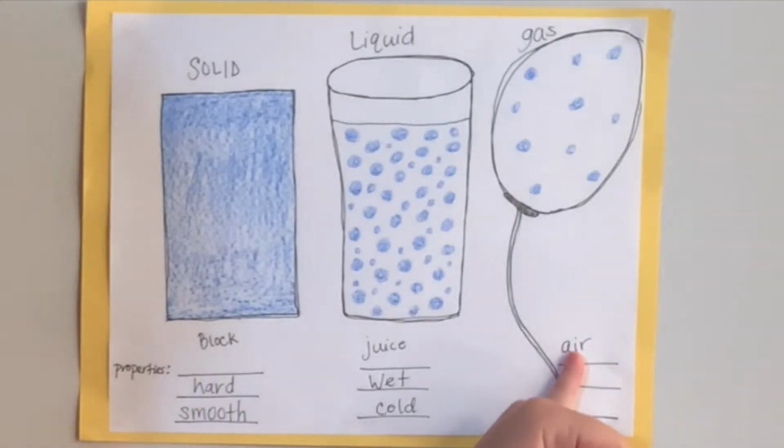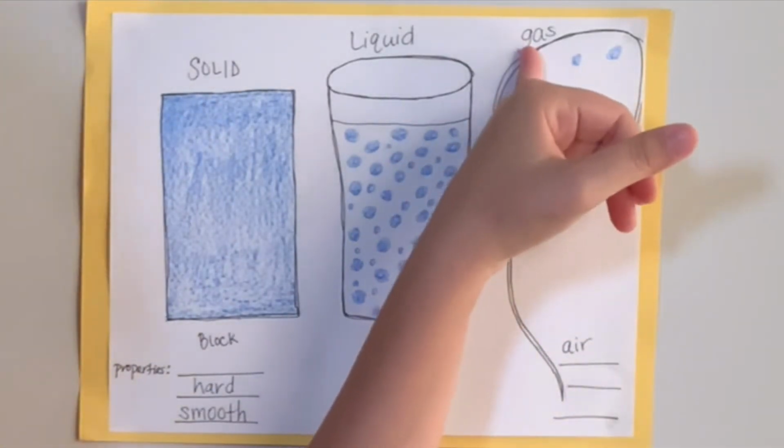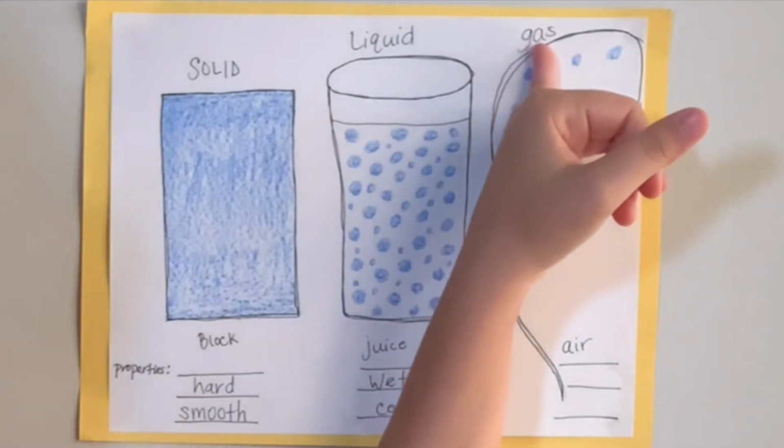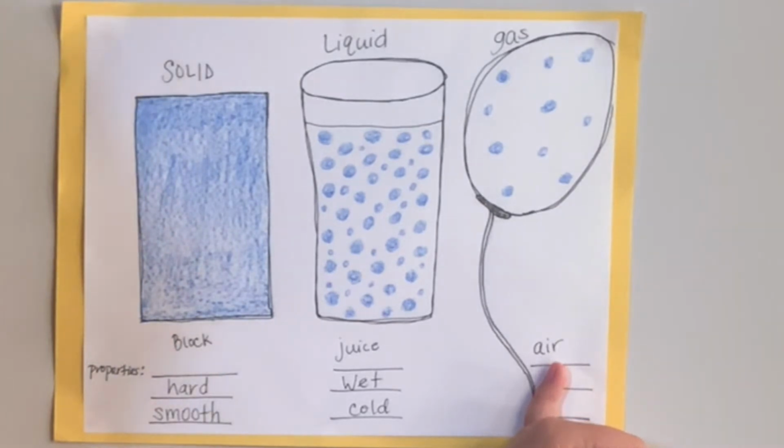All right, we have our word air here. Grab your pencil, and if you want to, you can write G-A-S up above, that's gas, and down below write A-I-R. Good job, second grade. Good job following me. And below we're going to write two properties, and I have chosen two words for us. Light has the G-H-T at the end.